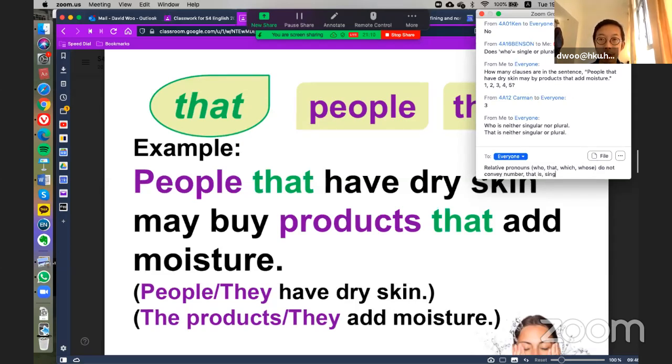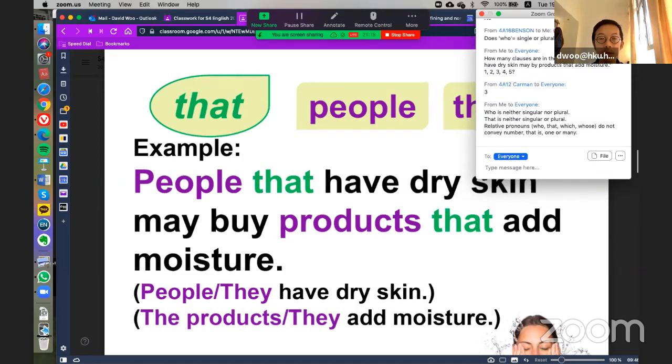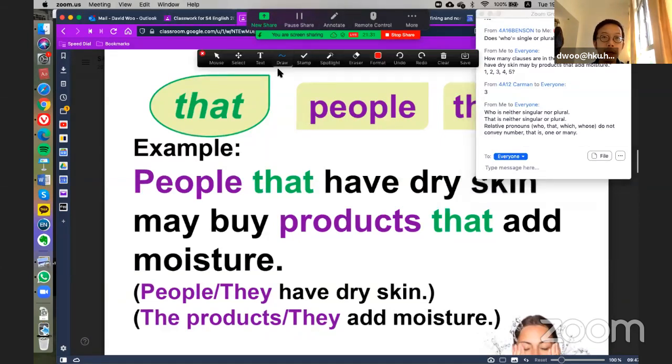That is, singular, one or many, it just doesn't mean anything. Who doesn't mean 1, 2, 3, 4, 5, or 6. It just doesn't convey that. How do you know if it may be one or many?